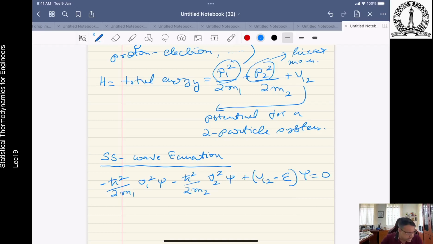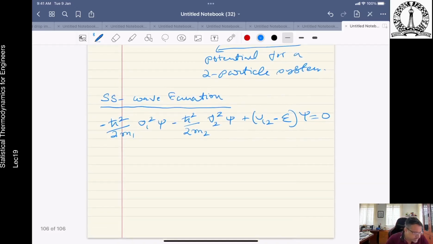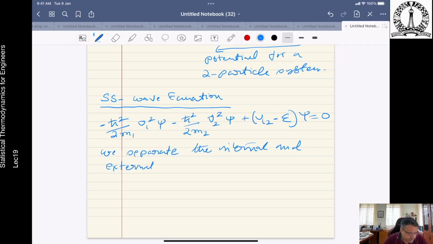So this is the steady state version of the wave equation. What we need to do next is separate the internal and external modes by converting to the center of mass coordinate system.